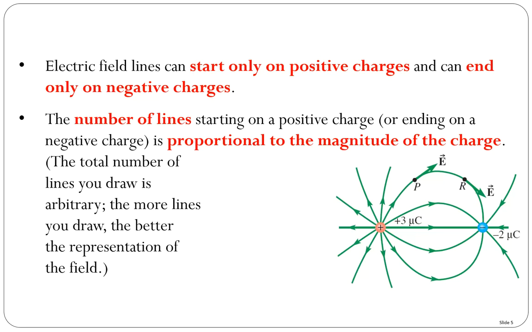Let's say that you had a hypothetical test question. The test question said, if I have a picture like this, and this one says it's 2 microcoulombs, how much is the strength of the second charge?